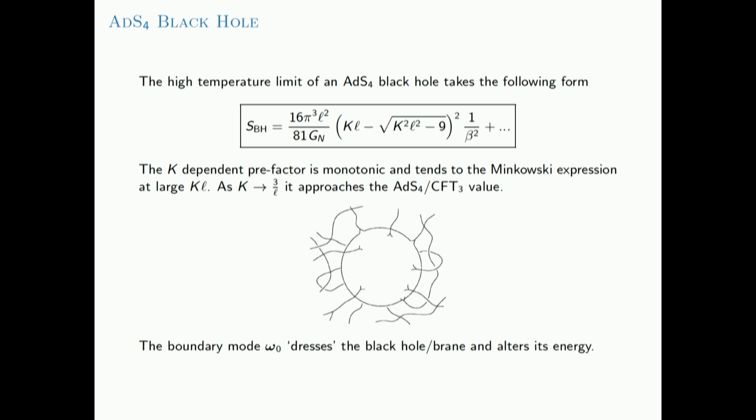Well, much like the other expressions I wrote down, you can calculate it in its most universal phase, which is the high temperature limit, and you find, again, an expression which goes quadratically in the temperature, like a hot 3D CFT would, except that the coefficient, which matches the AdS/CFT prefactor we would call N squared in the ordinary AdS/CFT picture, now becomes a non-trivial function of K, which interpolates and monotonically decreases from the regime of the AdS boundary all the way to the expression that I wrote down in the earlier slide, where I had 1 over G Newton trace K squared.